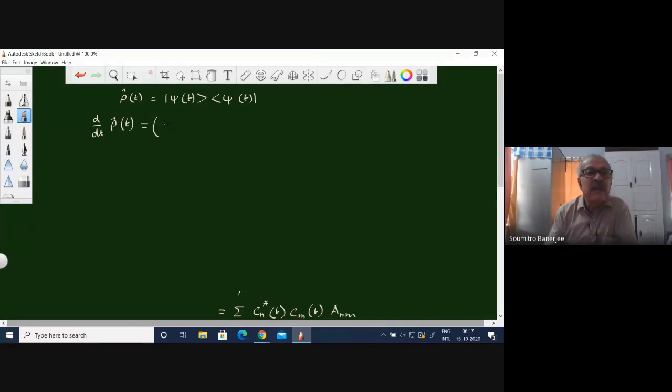So I'll put a bracket d/dt of psi t and the bra, plus the ket and then d/dt of the bra.